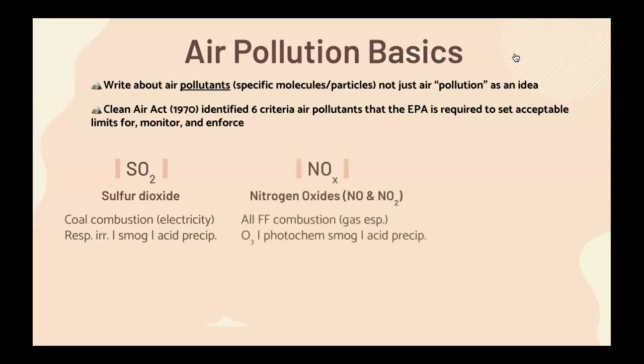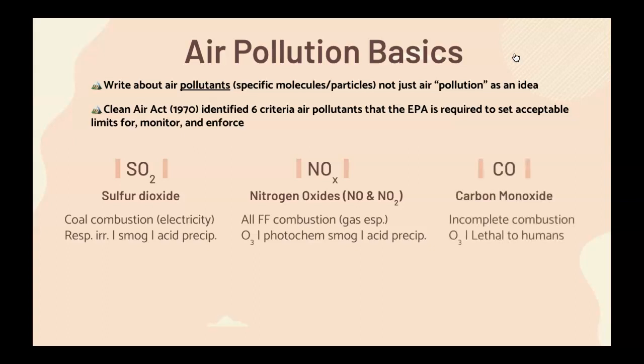Nitrogen oxides, which we often call NOx because it's either NO or NO2, this is coming from fossil fuel combustion, so especially from the tailpipes of our cars. And when it combines with O3, it is a key ingredient in photochemical smog. It can also create acidic precipitation as well.